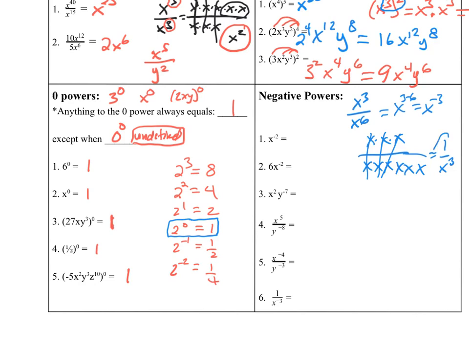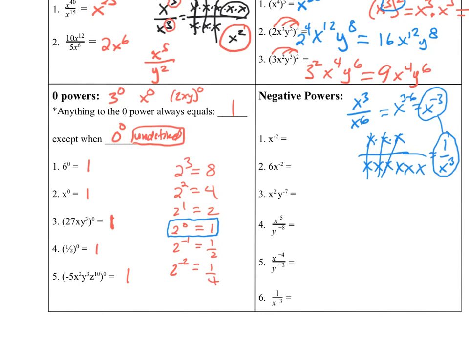Okay? So this statement and this statement are the same. So anytime I have a base to a negative exponent, I can take that exponent, make it positive, but I have to move it to the other side of the fraction.